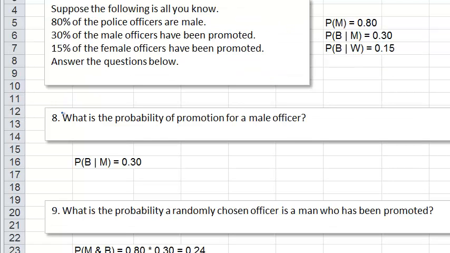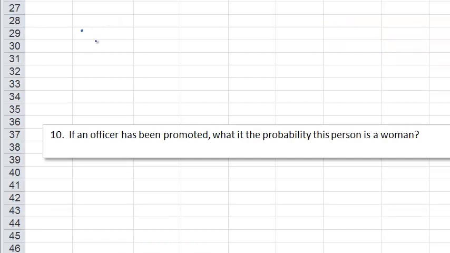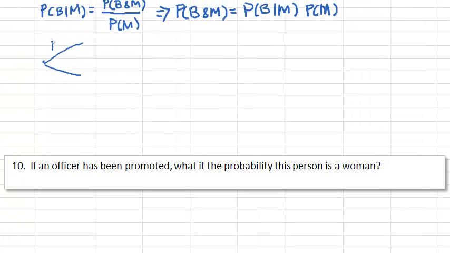We are given that 80% of the police officers are male. So we start with male and female. The probability for men is 80%, so the probability of women must be 20%.